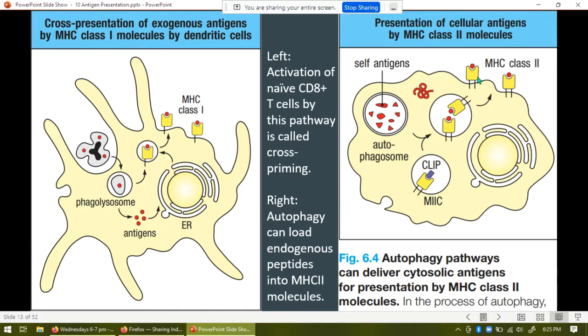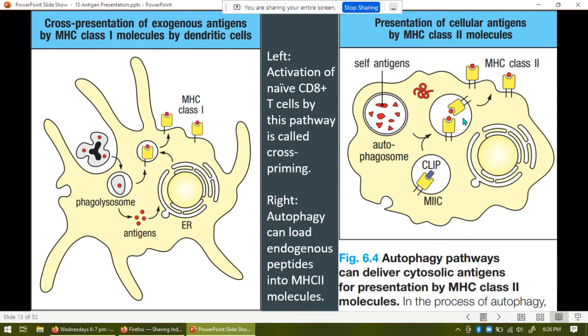Well, macrophages can do this as well. When a macrophage does it, it can load cytosolic proteins into an autophagosome, which can then be targeted with MHC II molecules to be loaded and sent to the cell surface. So autophagy can allow for cytosolic peptides to be loaded onto MHC II.